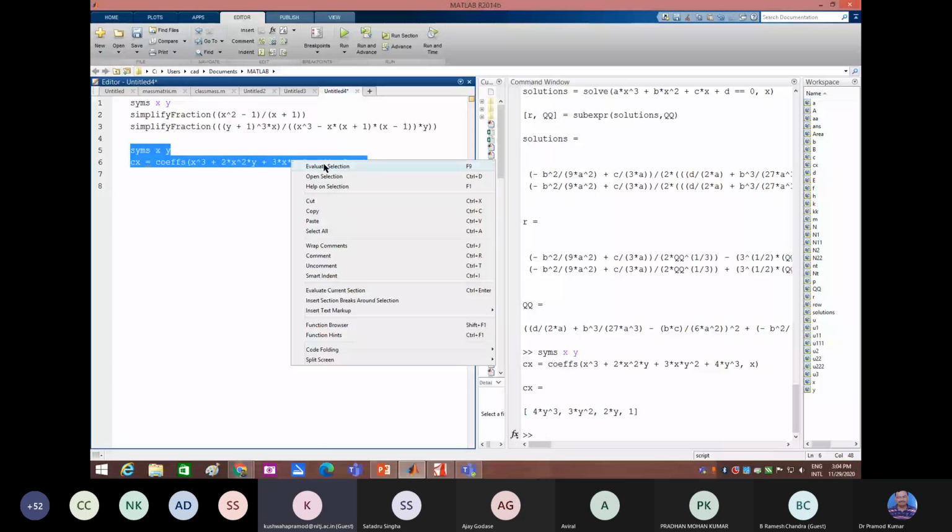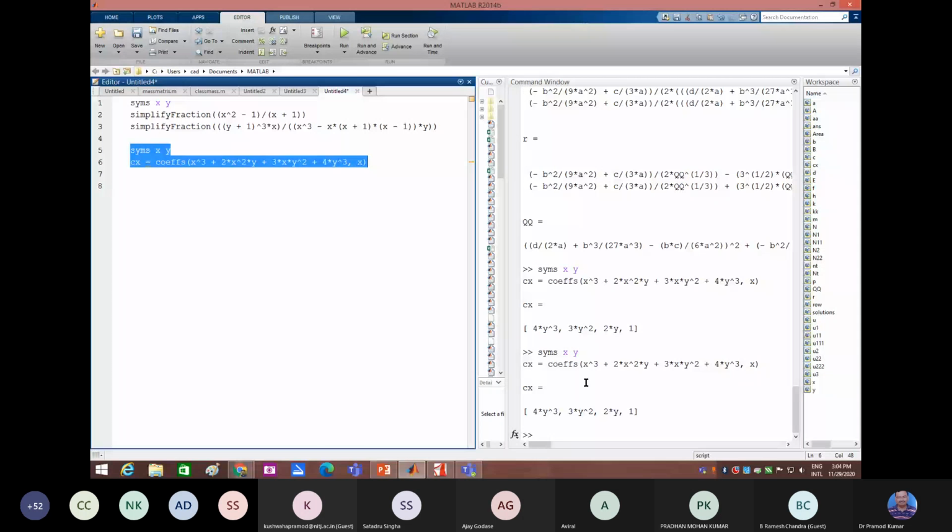This is the coefficient. Here, this is 4y square, and then 3y square, and 2y. Here, coefficient of x is 1. It has been written in that order.